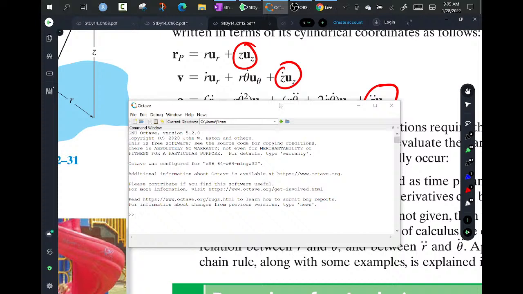Let's see if I tilt it a little bit. And I do not know how to get that thing off of the bottom. It just stays there. Oh, maybe this gets rid of it. I have no idea. All right.